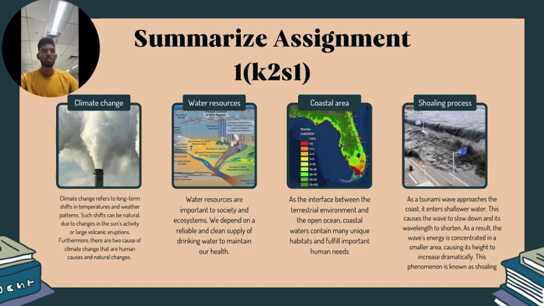For the shoaling process, as a tsunami wave approaches the coast, it enters shallower water. This causes the wave to slow down and its wavelength to shorten. As a result, the wave energy is concentrated in a smaller area, causing the height to increase dramatically.